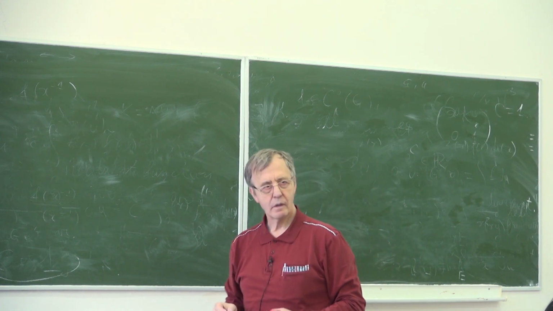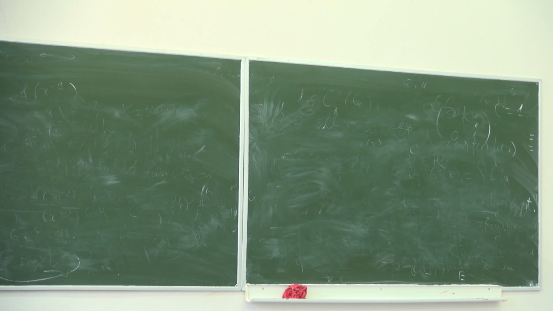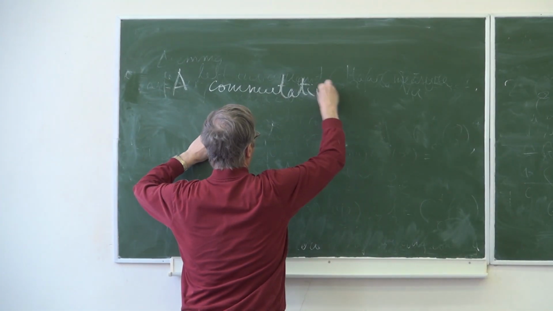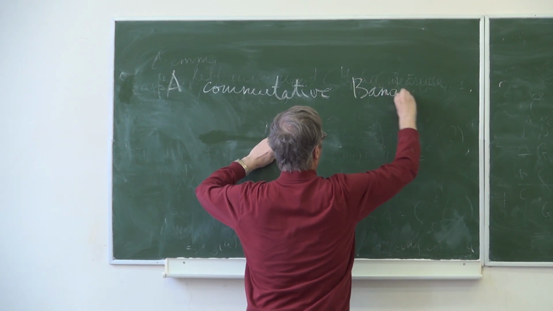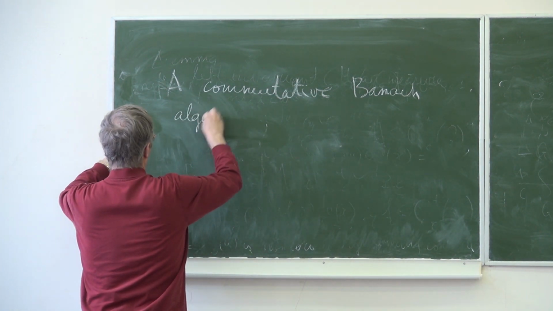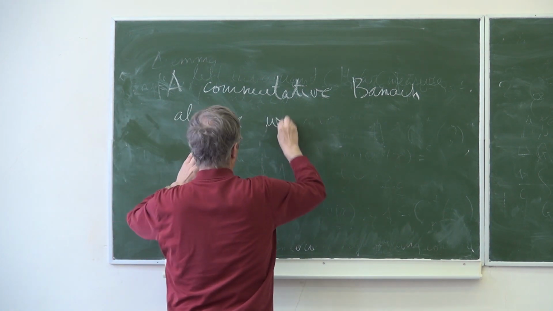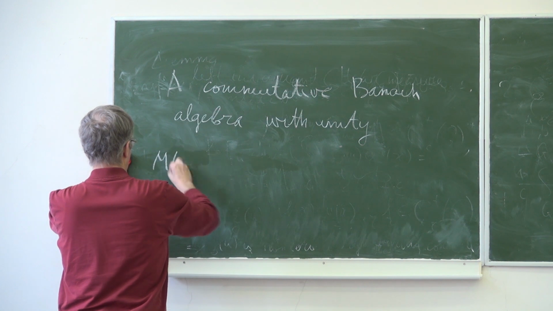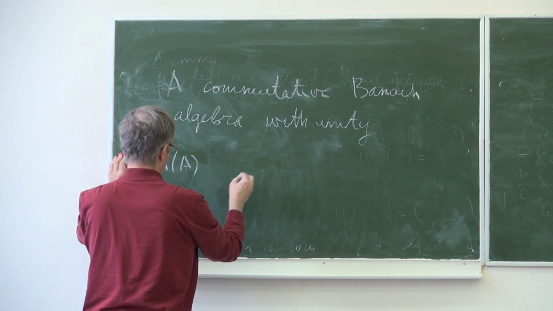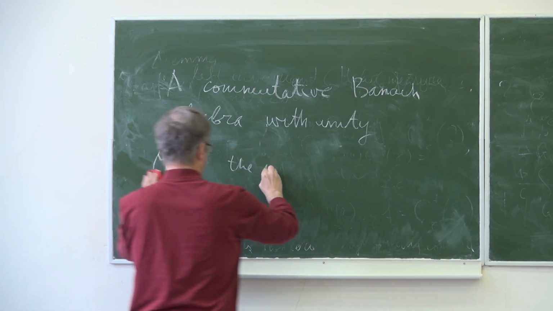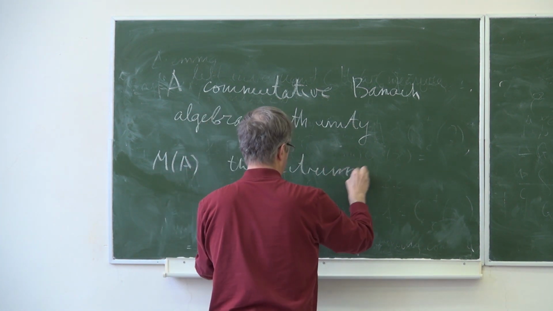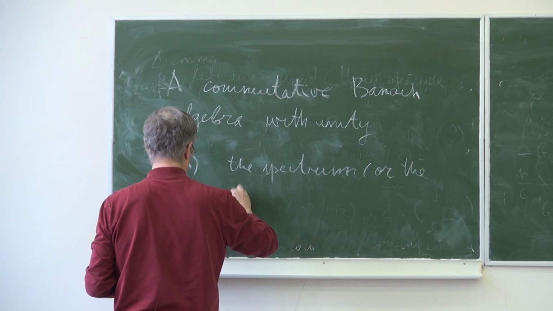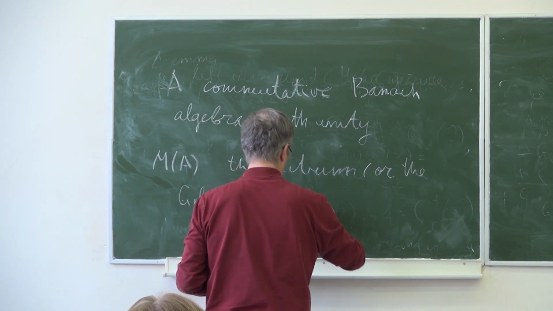Commutative Banach algebra with unity. So let A be a commutative Banach algebra, and let M of A be the so-called spectrum or Gelfand space of A. What is that?